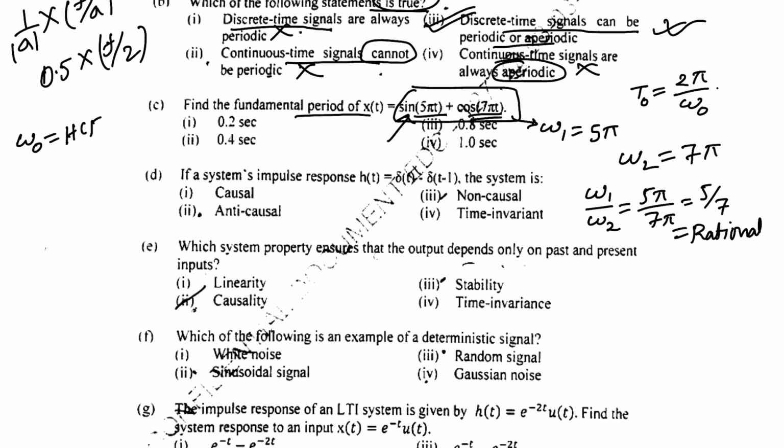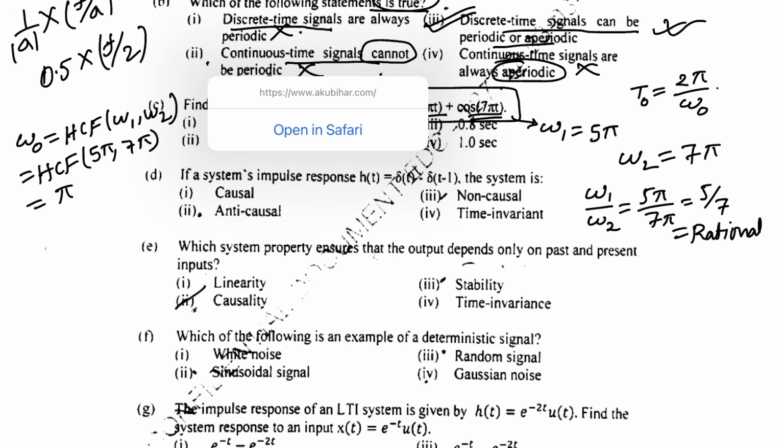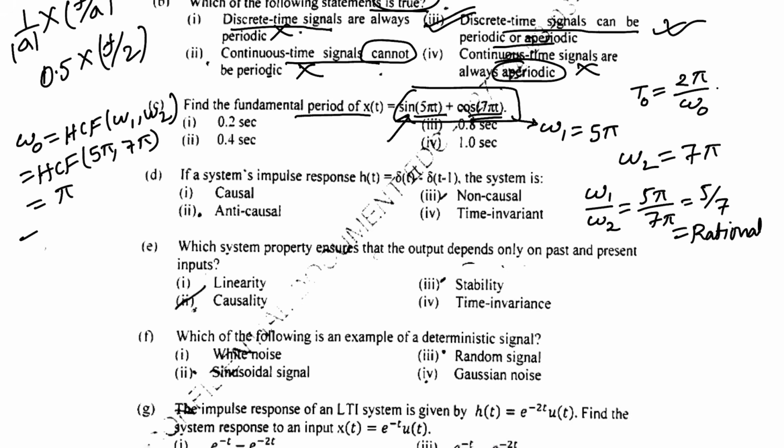It will be the GCF of ω1 and ω2, that is the GCF of 5π and 7π. The common term is π, so it will be π. So ω0 will be π, and therefore T0, the time period, will be 2π by ω0. Sorry, not ω0 by 2π, reverse.